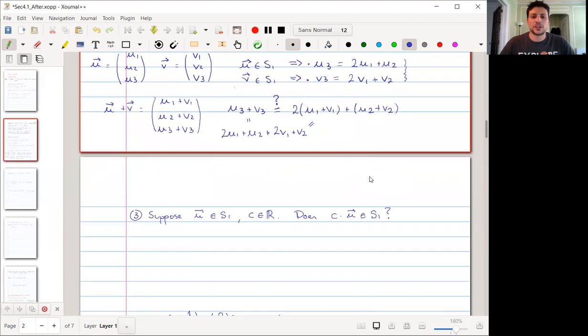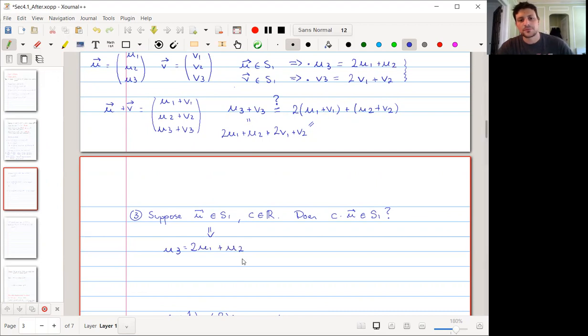There is one last check to do, which is, suppose now that the vector u belongs to S1 and c is any scalar. Since u belongs to S1, that's the same as saying that u3 is equal to 2u1 plus u2. But now we should check entries of the vector c times u. And these entries are cu1, cu2, cu3.